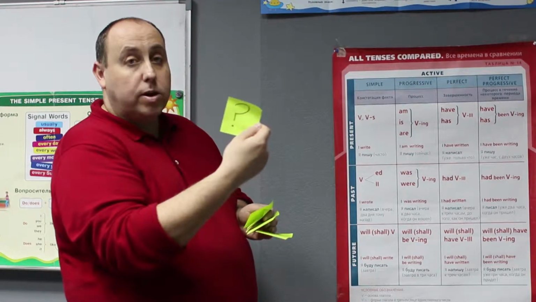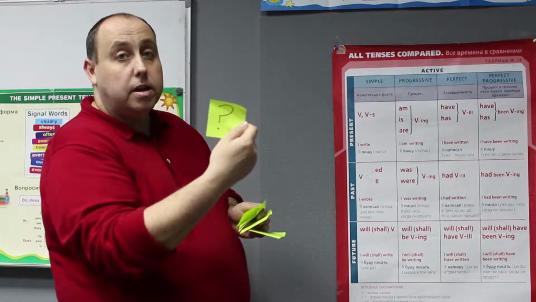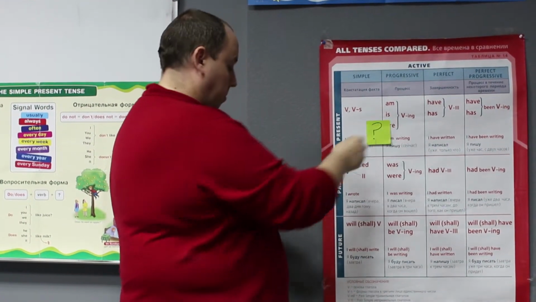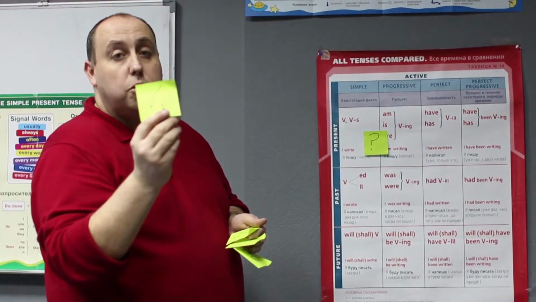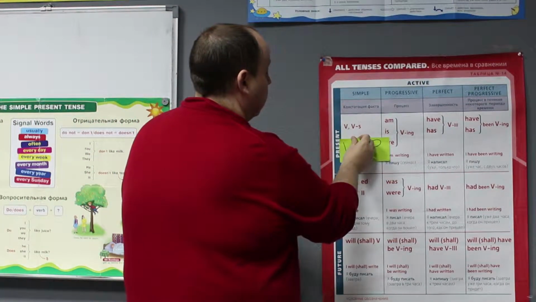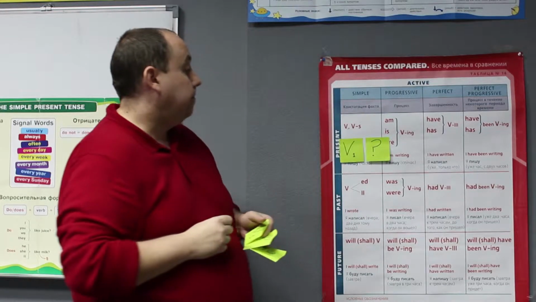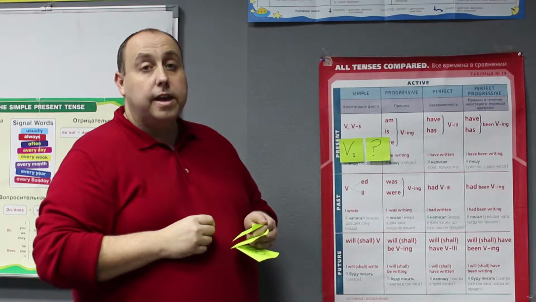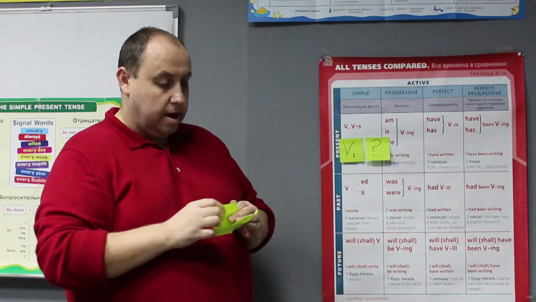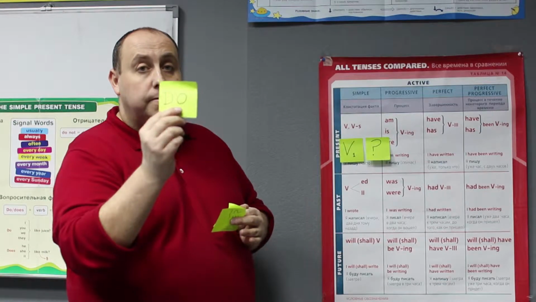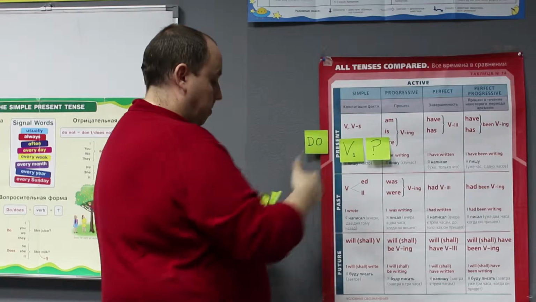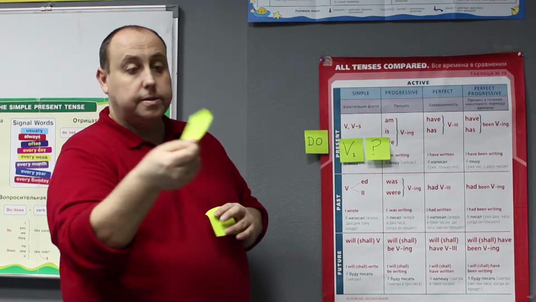So, when we have a question in the present simple, we once again use the verb in the first form. But we also once again, just as in the negative, have a helping verb. And in this case, it's do or does.